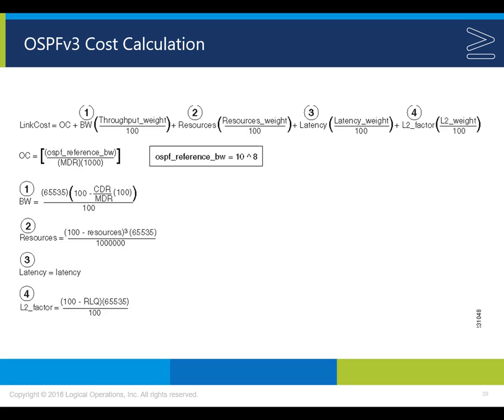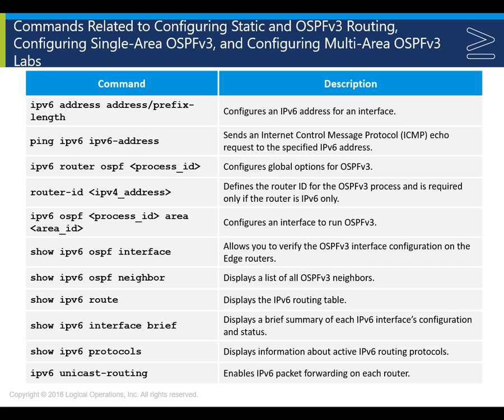There is a big calculation that goes on for OSPF version 3. Version 2 is basically the link cost that we had in that other slide, but this is what would go on in the OSPFv3 calculation.